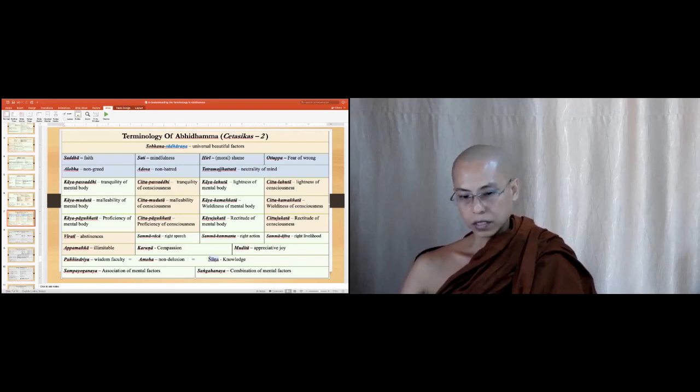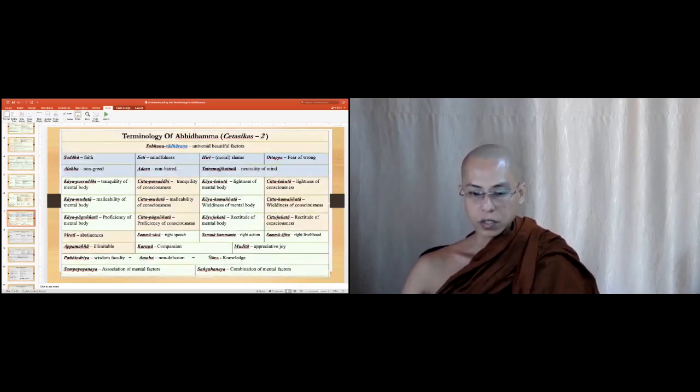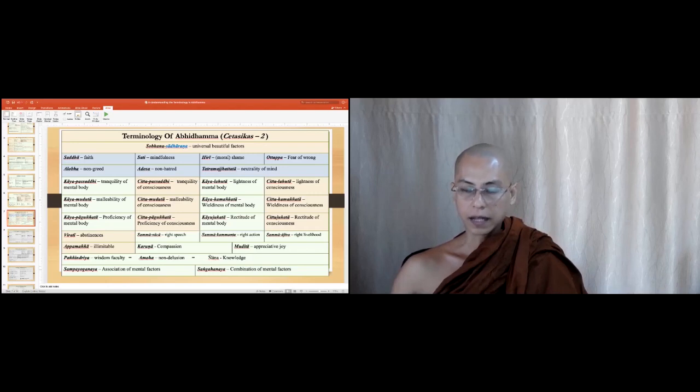Another usage is jnana, knowledge. So Panyendriya, Panya, amoha and jnana are the same. Then we will find Sampayoga Naya, the method of association, and Sangaha Naya, the method of combination. These two usages will be clear when we study the Cetasika.